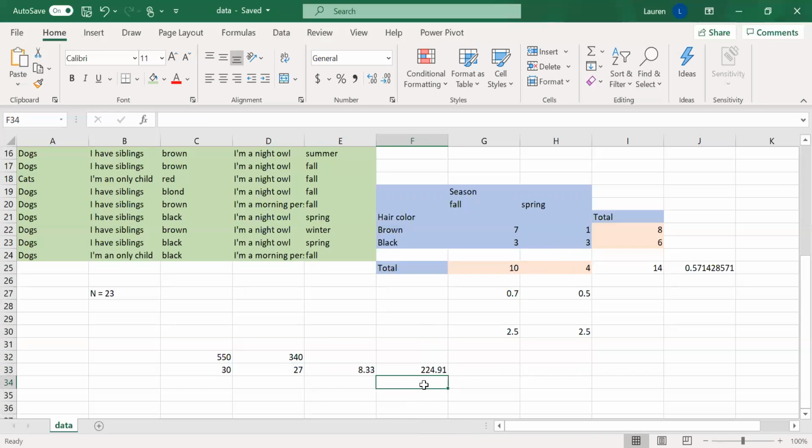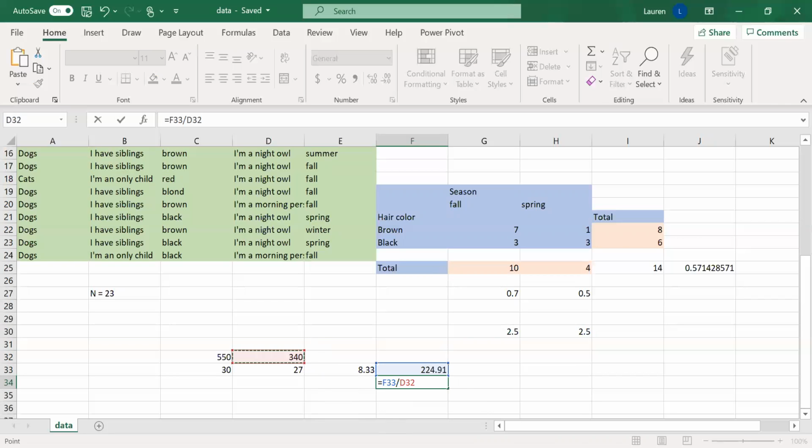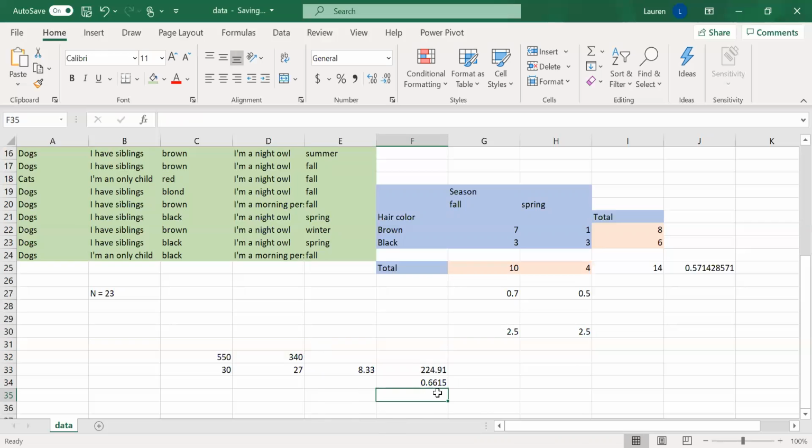And so now to get my percentage of calories due to fat, I would take this new calories from fat divided by my new total calories. And I get a proportion of 0.66. I could multiply that by 100 to get my percentage.